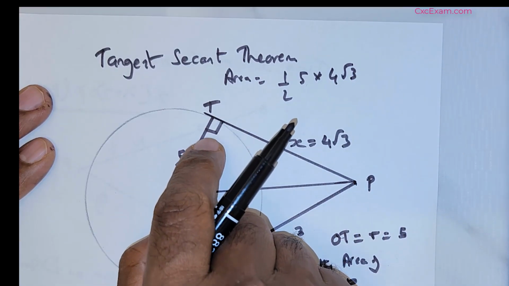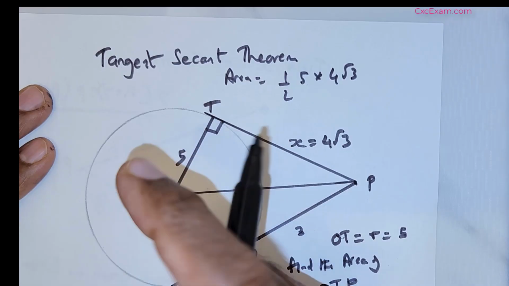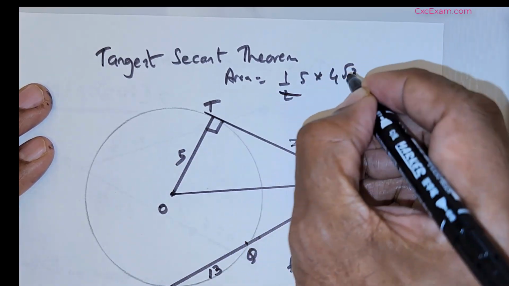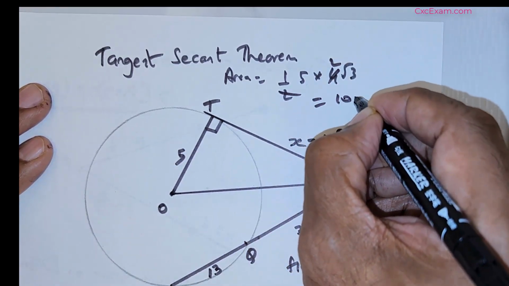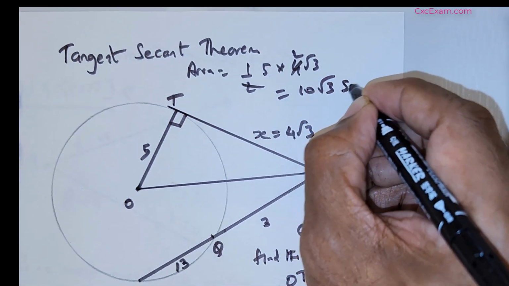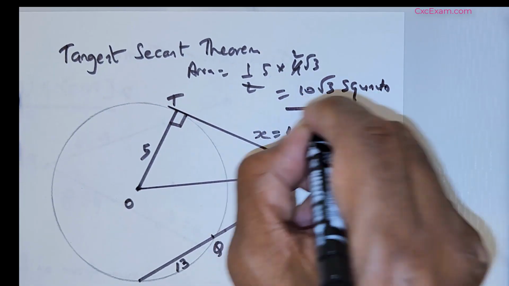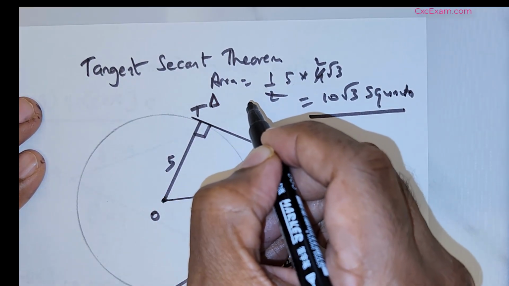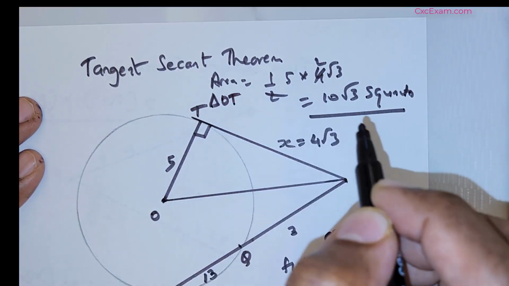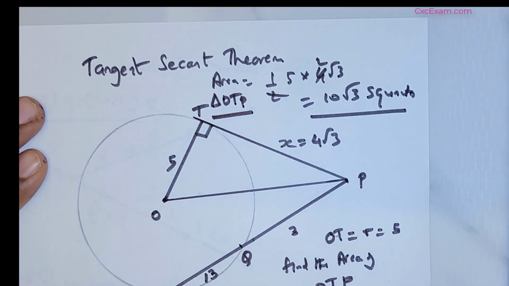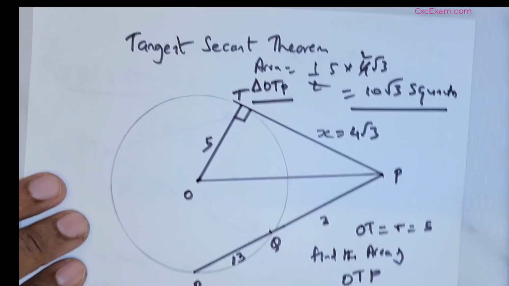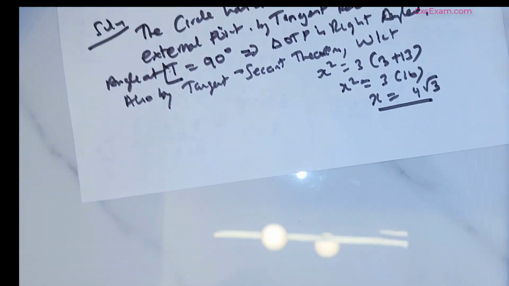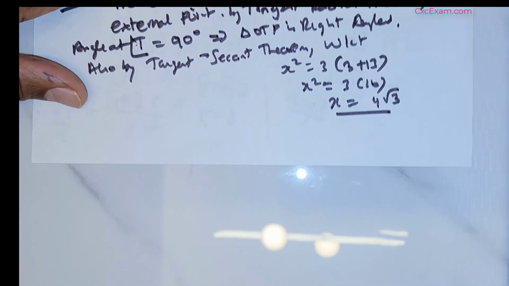And sine 90 is 1, so no need to place sine 90. So 2 divides here 2 times, so 10 times the root of 3 square units. So this is the area of triangle OTP. Follow me. So that is the solution for this beautiful question.